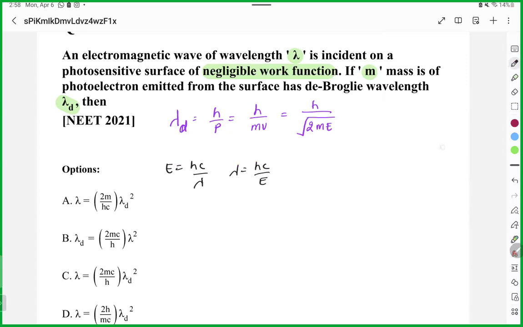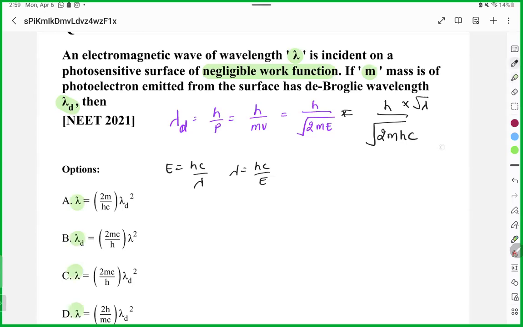So instead of this under root 2mE, can you write hc by lambda? Any doubt? Correct? We have to calculate lambda, not lambda d.